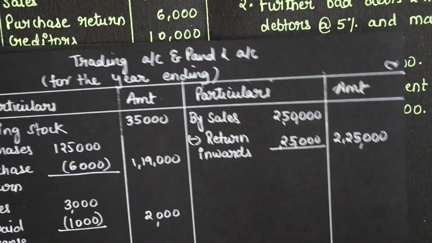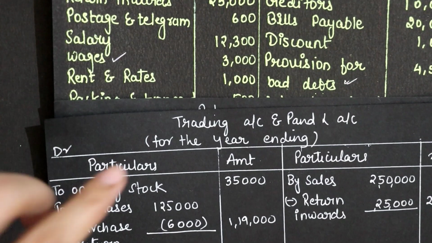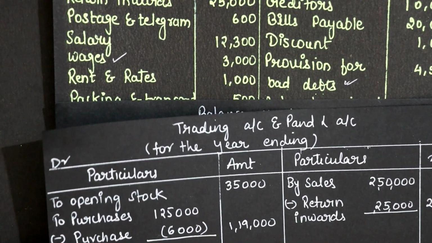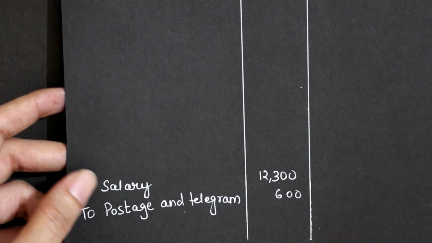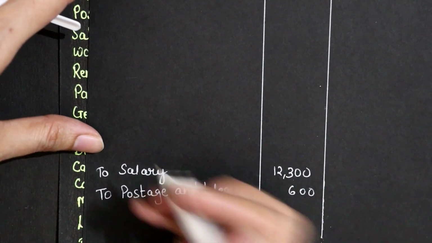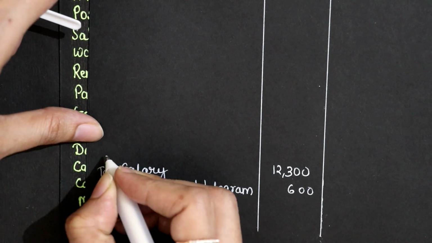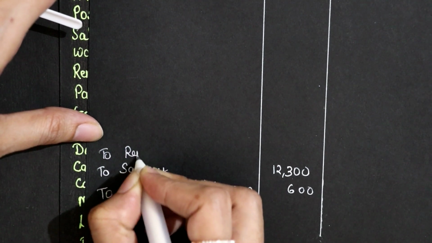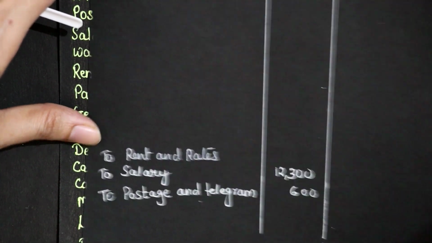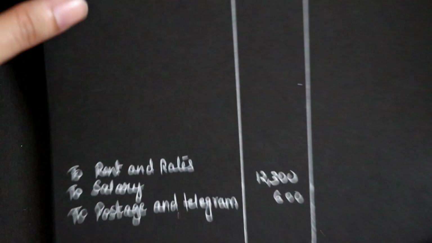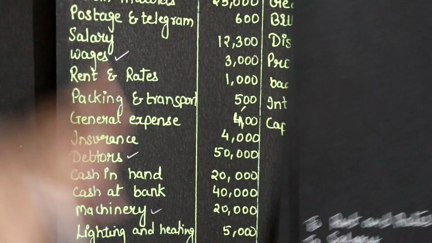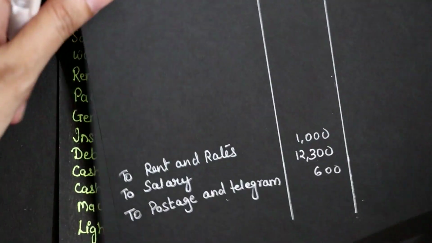Now we'll show the next entry. Next is rent and rates 1,000. It should be shown on the profit and loss account debit side. So we will write here to rent and rates, and it does not have any adjustment. To rent and rates, the amount is 1,000. Then we have packing and transport, again profit and loss account.